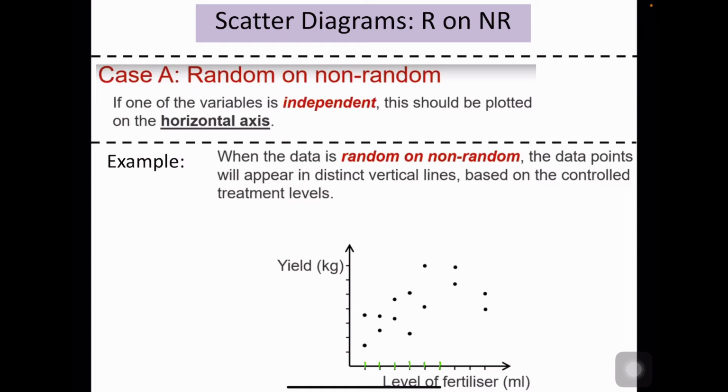We saw an example a few slides ago where they said the distance is in multiples of 5. It's very likely that the levels of fertilizer being used is in multiples of 2 or 5 or another number. So here you can see vertical lines.